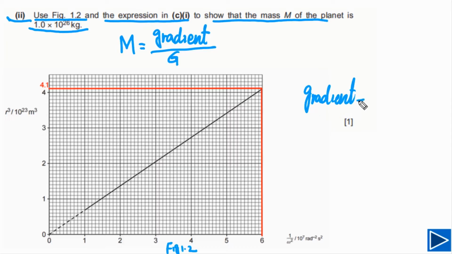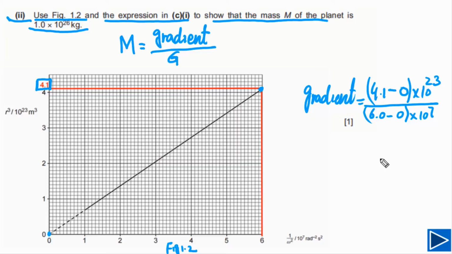In order to find gradient of this line, we will take 2 points. So we will take 1 point here and we will take another point here. This point is at origin. In this case, simply we have value of r cube, that is 4.1 minus 0 times 10 to 23. This is very important, this multiple. And if you look at value of 1 over omega square, we have 6.0 minus 0, and this is also multiplied with 10 to 7.